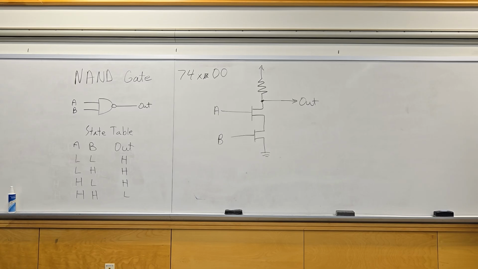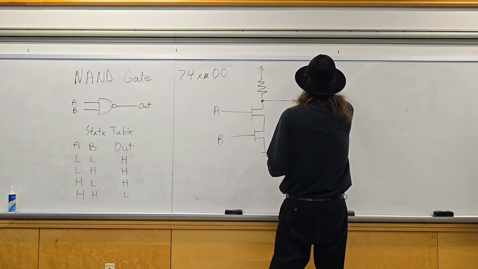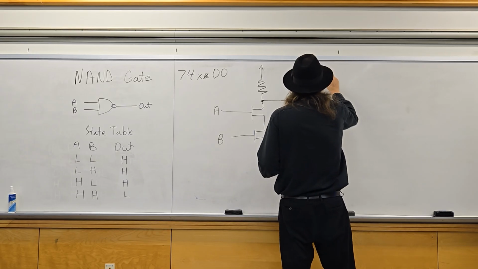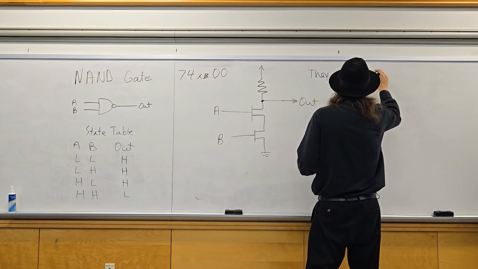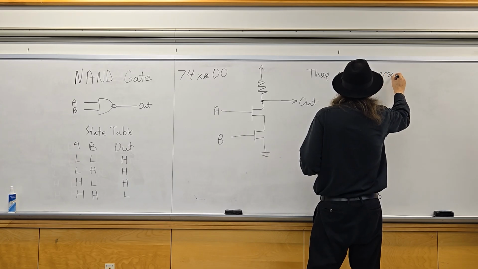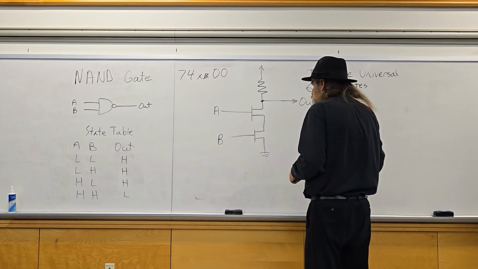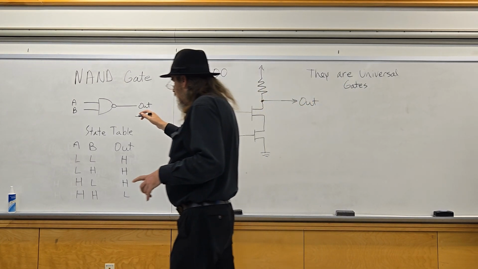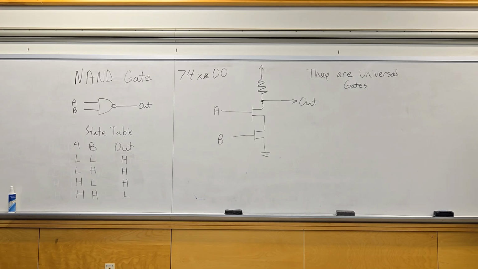What makes the NAND gate and the NOR gate special is they are universal gates. From the NAND gate, you can do any logic circuit using just NAND gates.